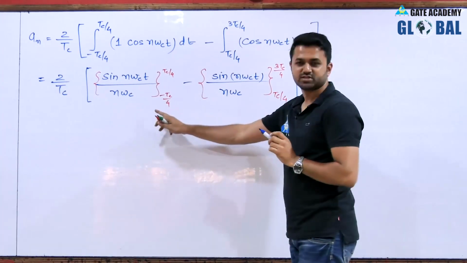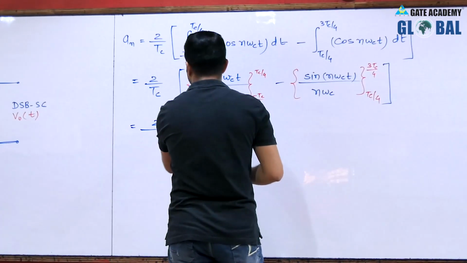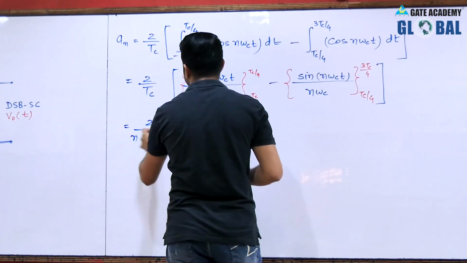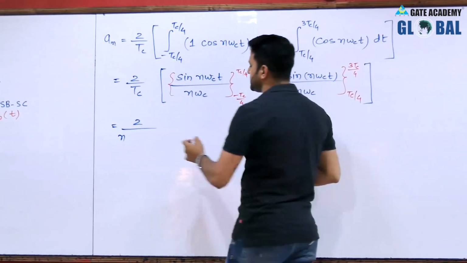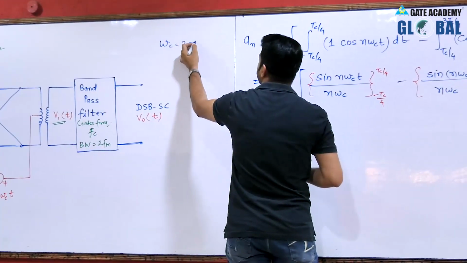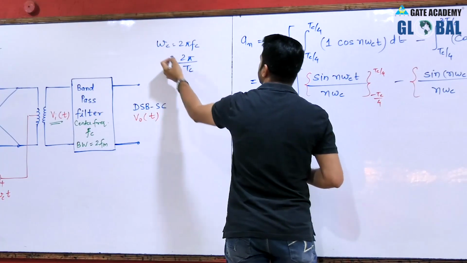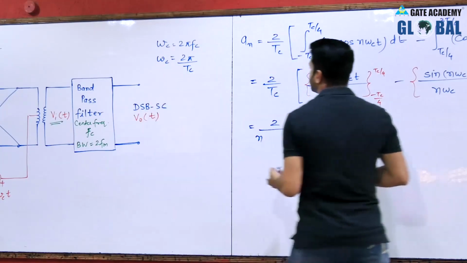Now, n omega C is common in both. So, we get n into omega C into Tc. So, omega C can be written as 2 pi Fc, and Fc can be written as 1 upon Tc. So, omega C into Tc is nothing but 2 pi.